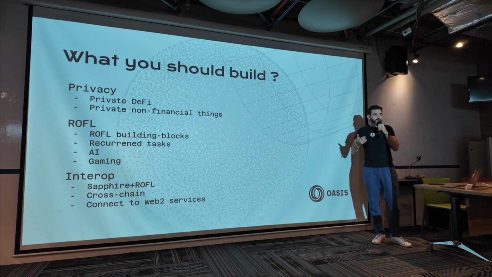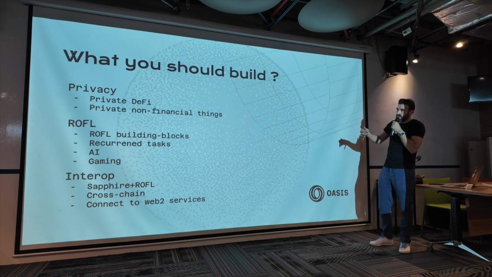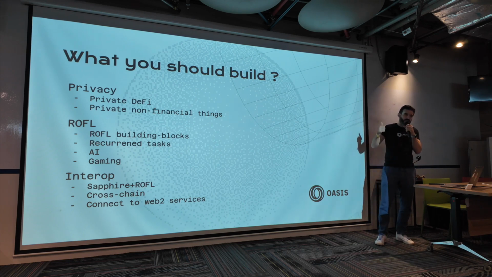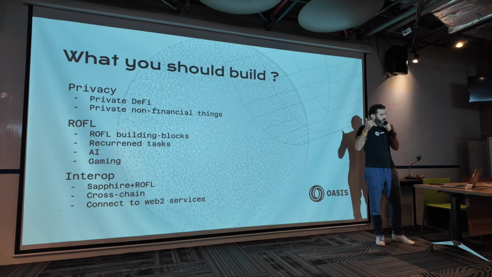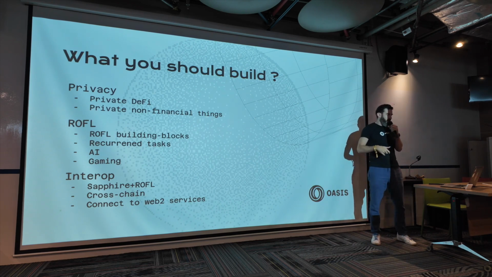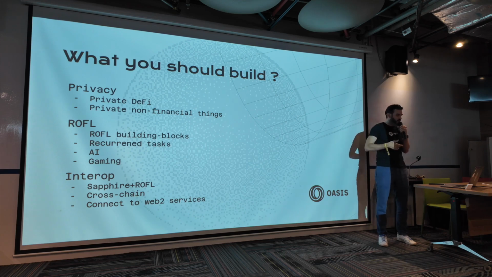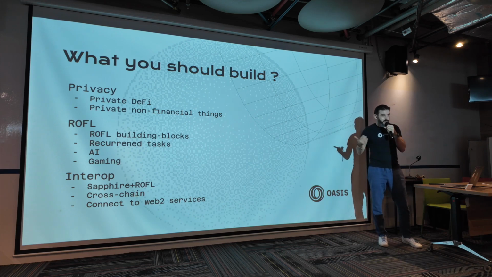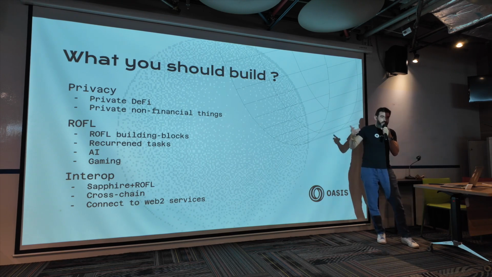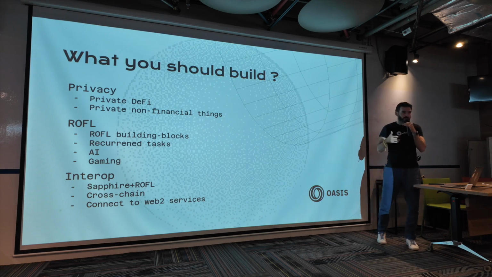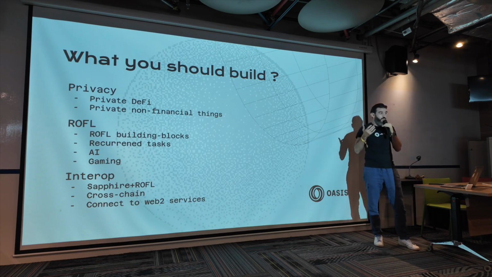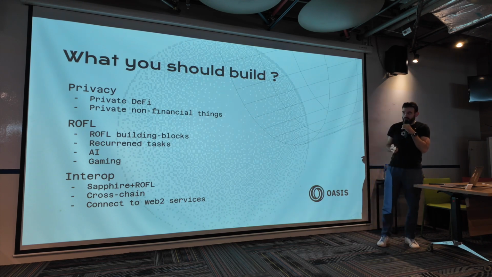So in general, what we would like you to build at the hackathon is private stuff, like you use our privacy and you build DeFi stuff with it or non-financial stuff with it. And with ROFL you can now also build AI stuff with it. It's also better suited for gaming now. But you can also build, for the hackathon, just building blocks for ROFL, so that it makes it easier for other people to use ROFL or to program ROFL apps in future.